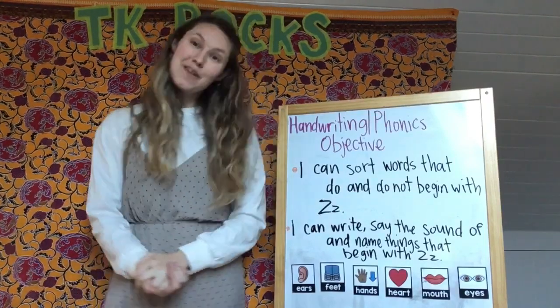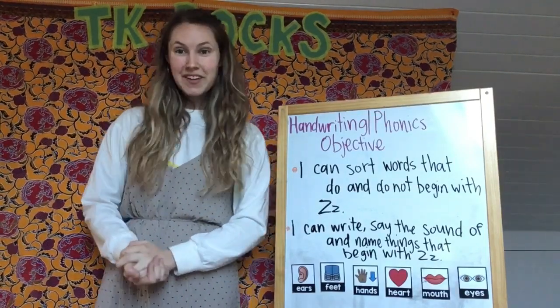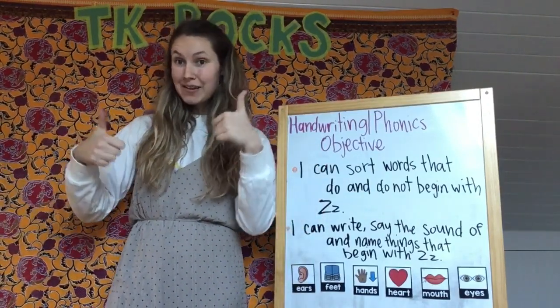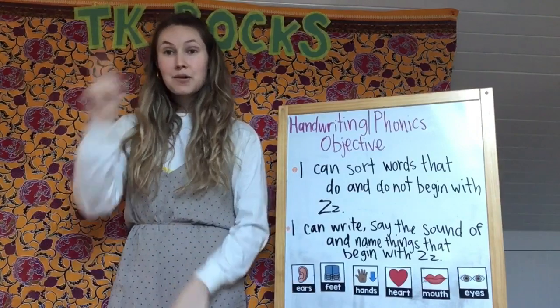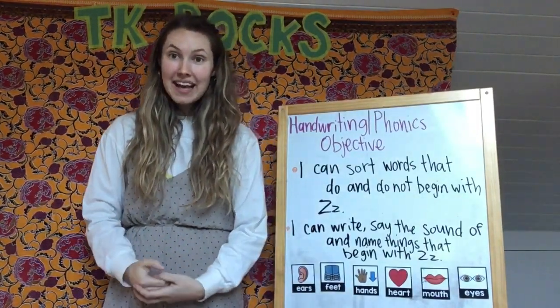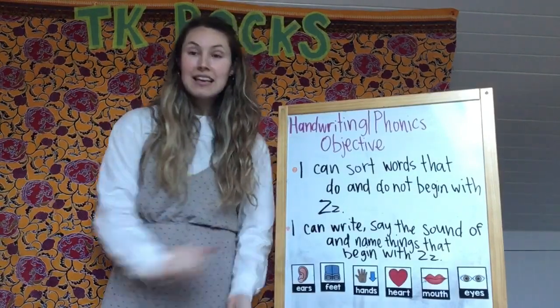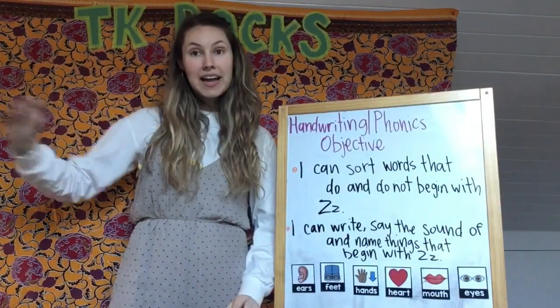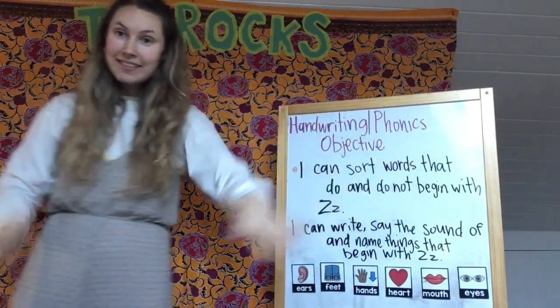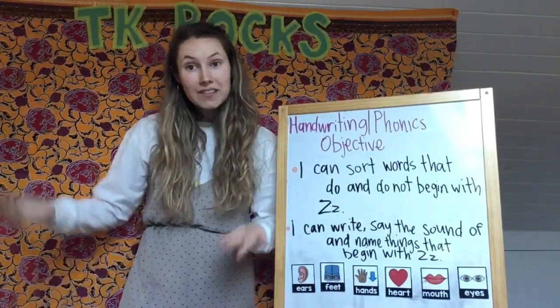Objective is what we are going to learn. I can sort words that do and do not begin with Z. So today we're going to be doing our letter sort to begin, and then our second objective is I can write, say the sound of, and name things that begin with Z. So that's for your letter test.